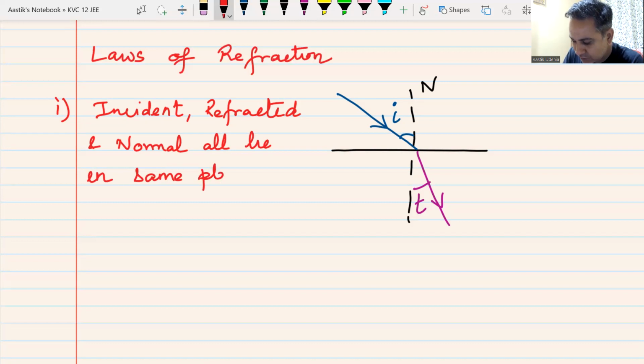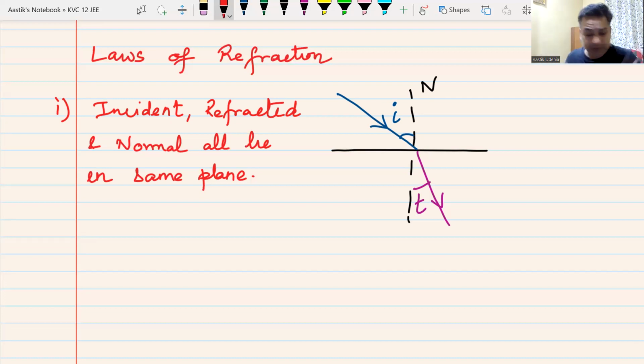This plane, you can call it the plane of incidence, or you can call it the plane of refraction. Do you understand this? Yes, sir. Do you understand this, sir? Yes, sir. Well done, sir.